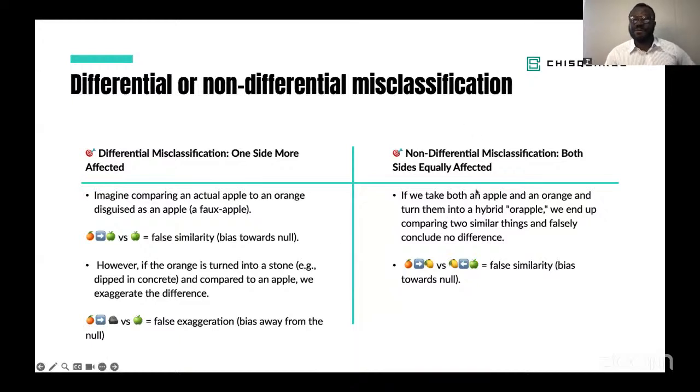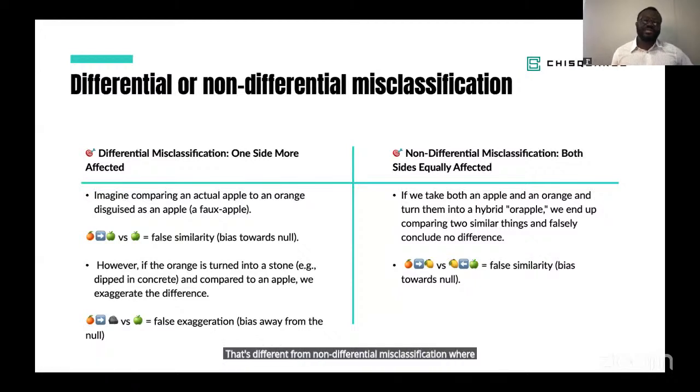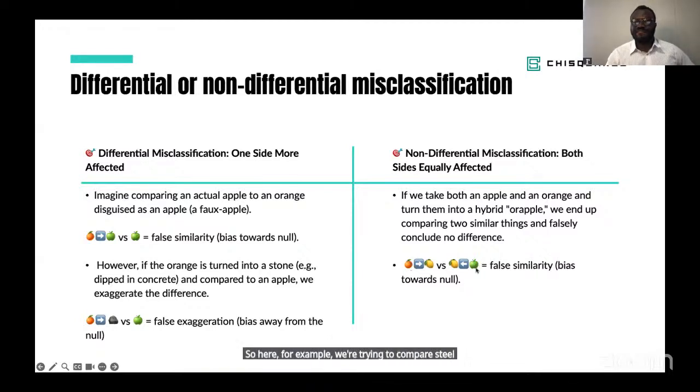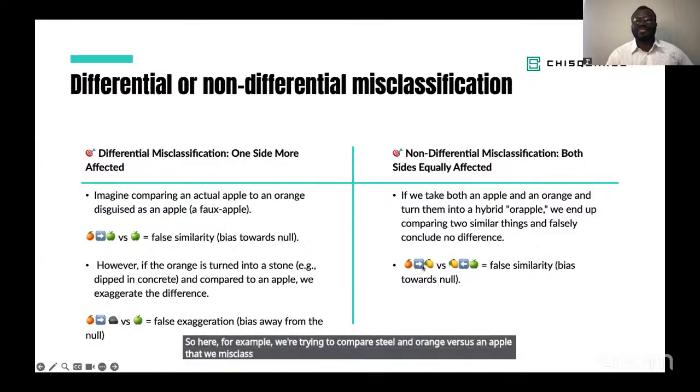That's different from non-differential misclassification, where the result is always biased towards the null. So here, for example, we're still trying to compare an orange versus an apple, but we misclassify the orange as an orapple. This is an imaginary hybrid fruit that is a crossbreed of oranges and apples.